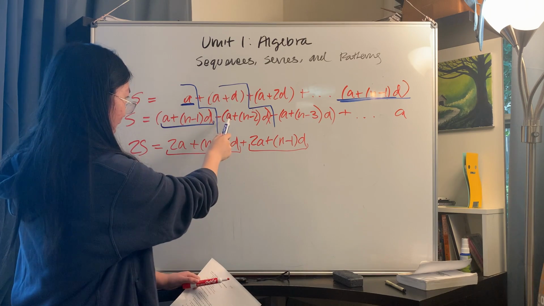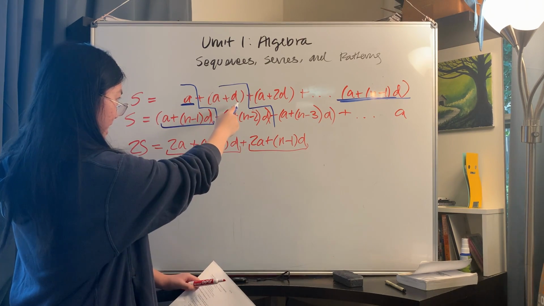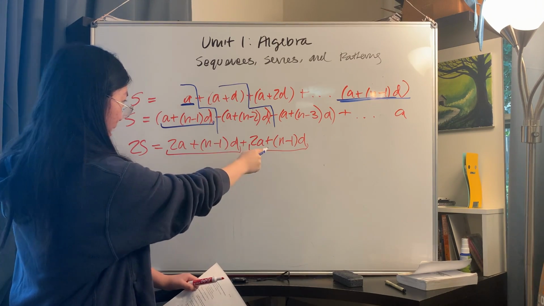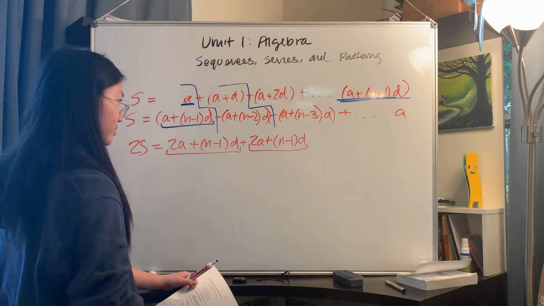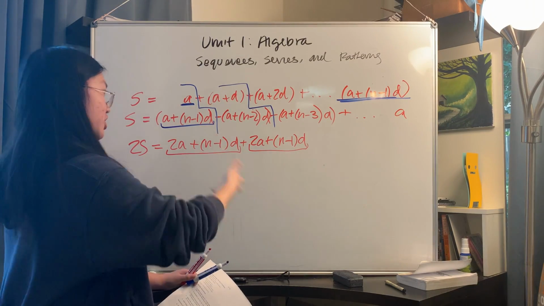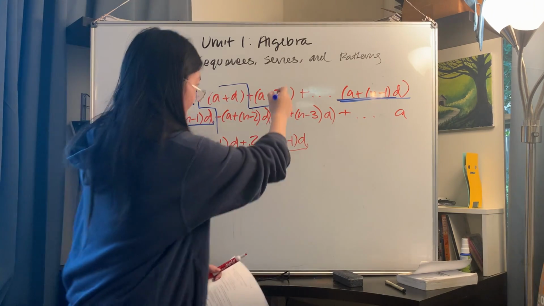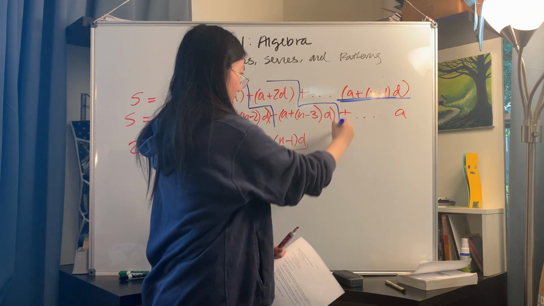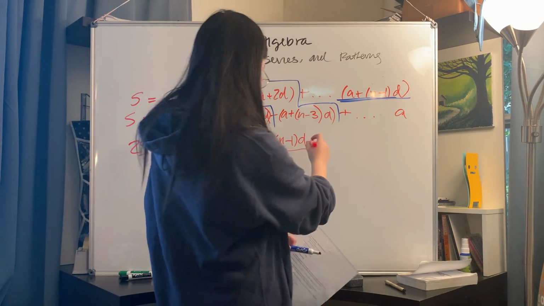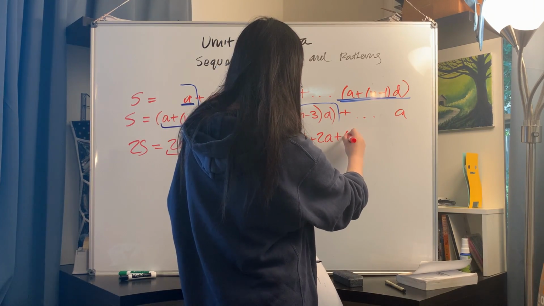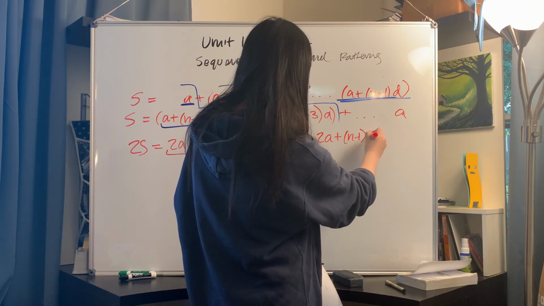So a plus a is 2a. d plus (n minus 2)d is equal to (n minus 1)d. So there's an additional d in there. And then we can add this portion, and we will get 2a plus (n minus 1)d.